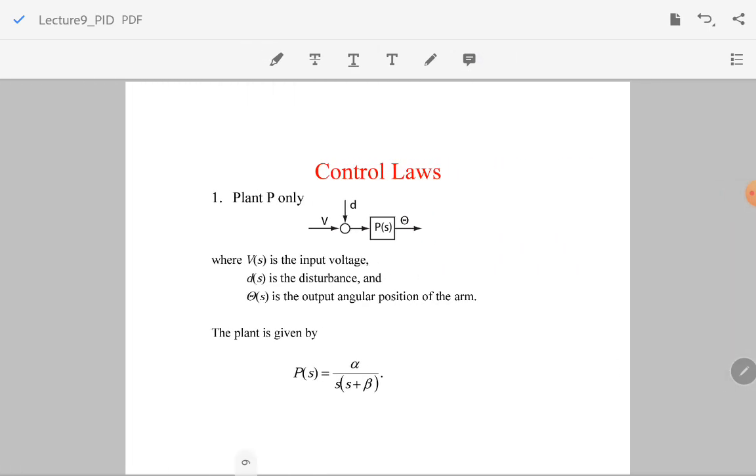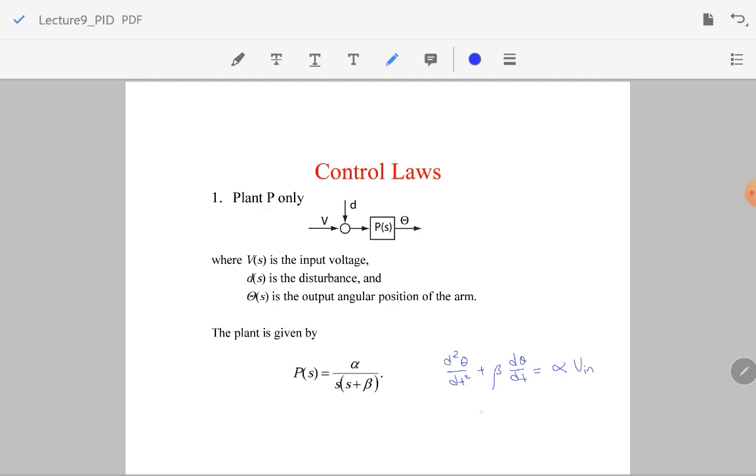So the control law, let's see, we have a plant. The plant transfer function is given by this. Where did it come from? It's given from d squared theta over dt squared plus beta d theta over dt equals alpha times v input voltage.